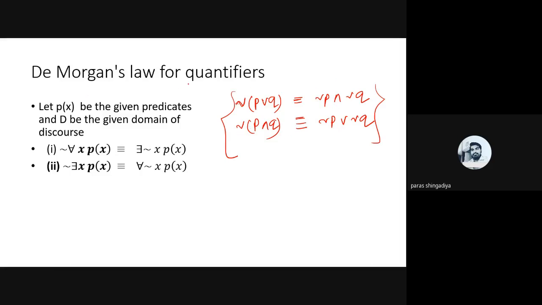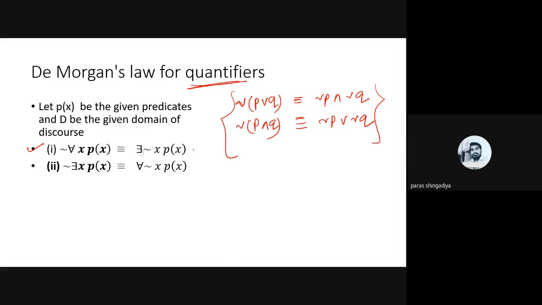Okay, and here it is De Morgan law for quantifiers. So how can we define De Morgan law for quantifiers? Let P(x) be the given predicate, and D be the given domain of discourse. Then the first statement of De Morgan law for quantifier theory: negation of every x P(x) is logically equivalent to there exists x negation P(x).